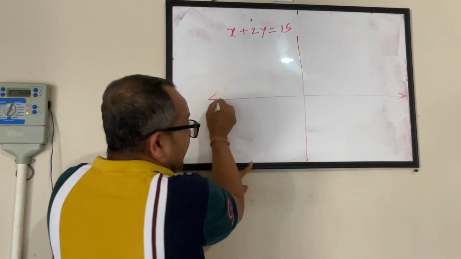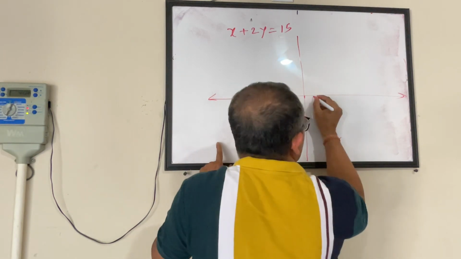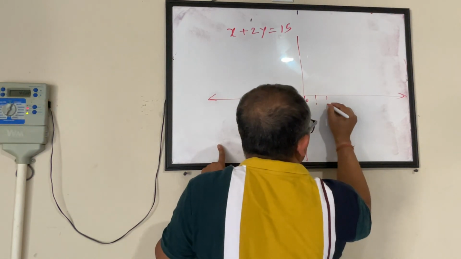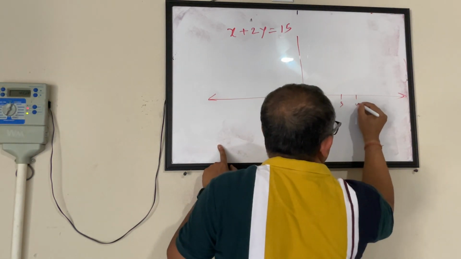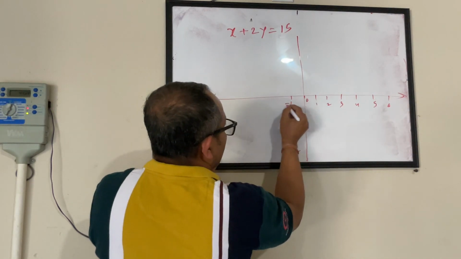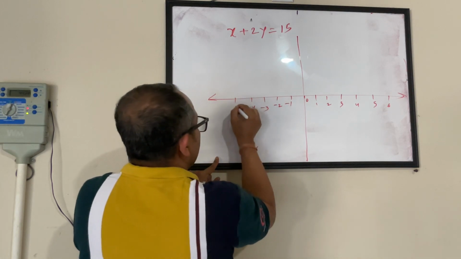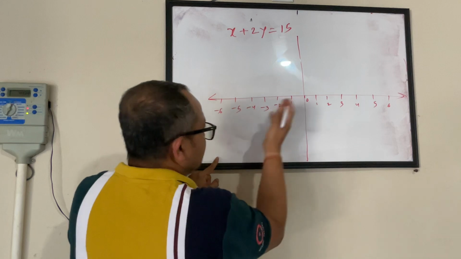When I say coordinate plane, I am essentially saying we have two number lines. 0, 1, 2, 3, 4, 5, 6. Here if I go minus 1, minus 2, minus 3, minus 4, minus 5, minus 6, and so on and so forth.